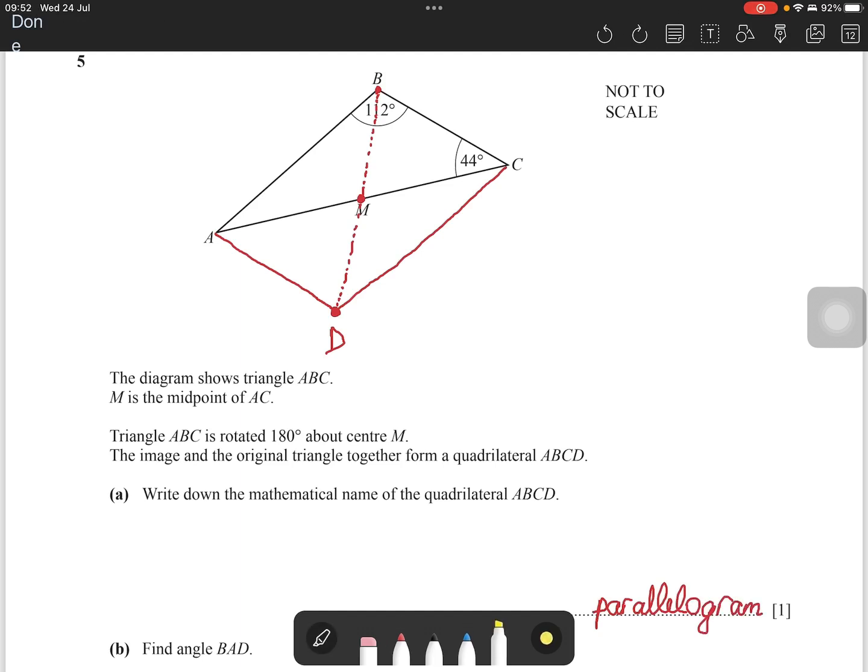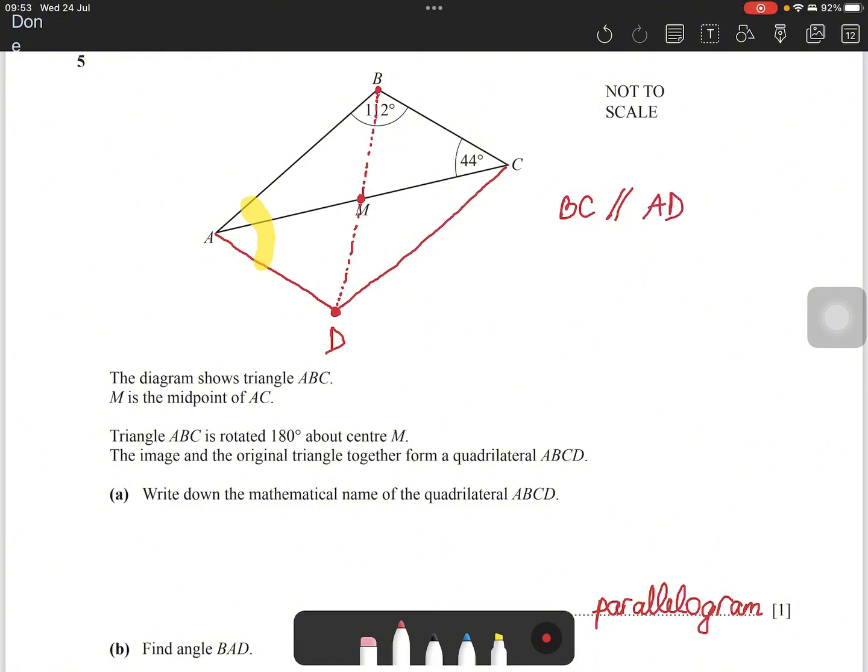B. Find the angle BAD, this angle. You see that ABCD is a parallelogram, so BC should be parallel to AD.